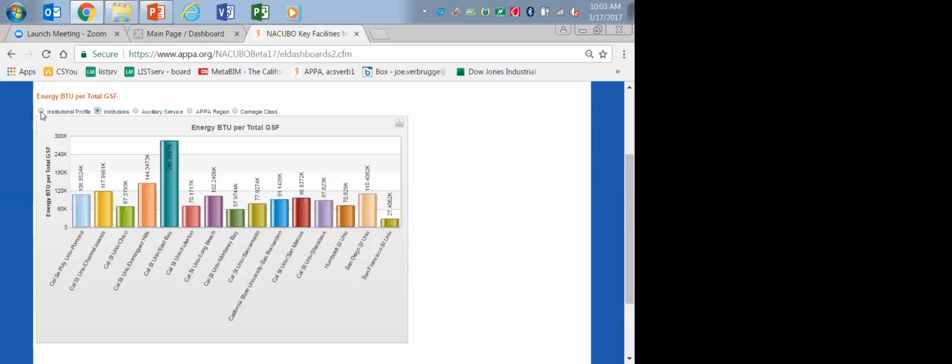You can look if your campus participated where you stand in that relation and what your vice presidents might look at. And, you know, we see one campus there that's sticking out pretty high. So if you were at that campus, you might want to get into those numbers before somebody asks the question and understand, were my inputs appropriate?